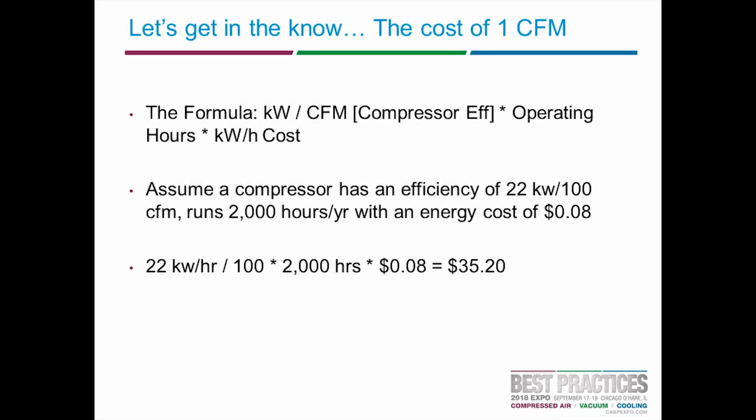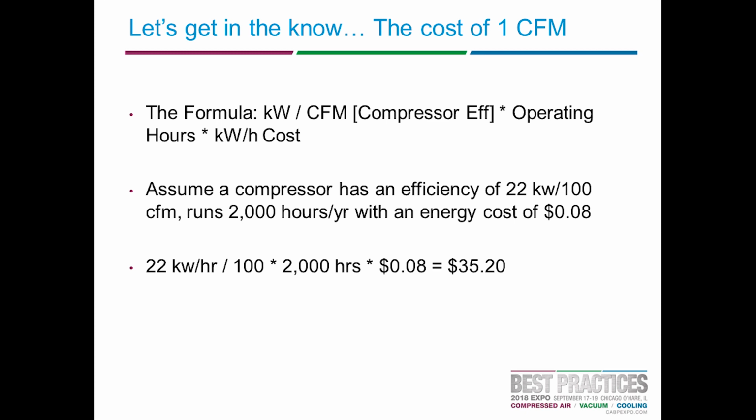Let's understand what the cost of 1 CFM is. The formula is simple. In fact, many manufacturers publish their data through a CAGI form or various ways in their product literature that explains the efficiency of the compressor, usually expressed in kilowatts per 100 CFM.